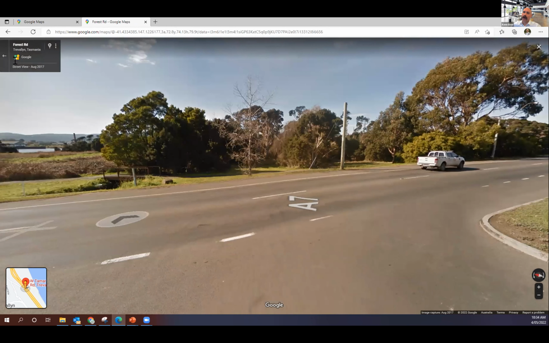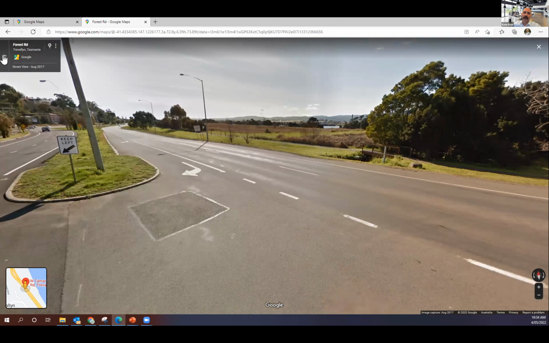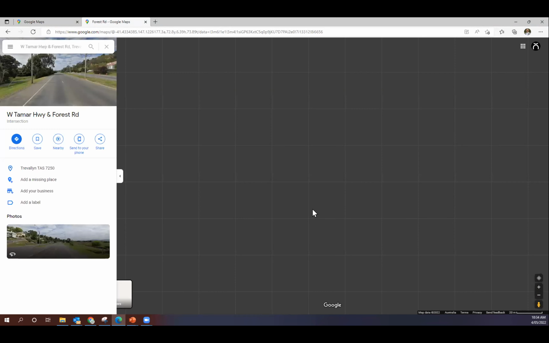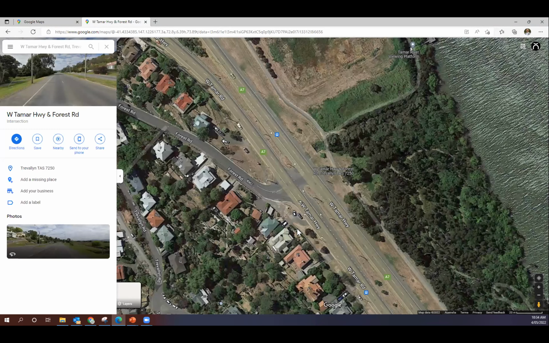So what did you come up with, Andy? What were your thoughts? Yeah, traffic signals in this location to control the ability for the vehicles to get out of the residential side street, and also to provide a facility for pedestrians who want to access the walking area across the other side of the road.